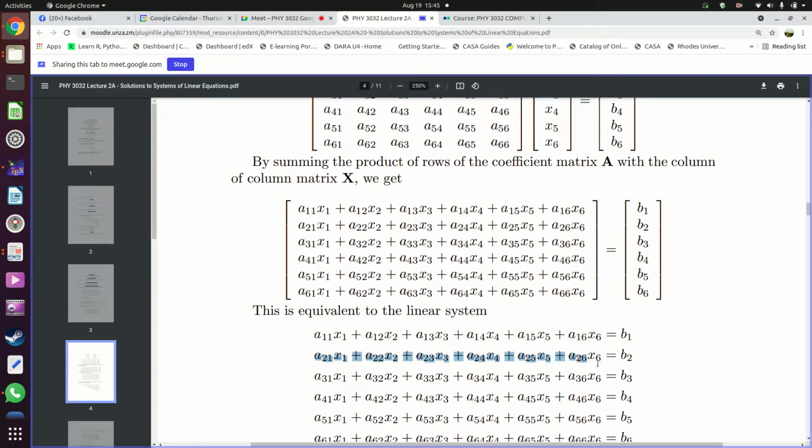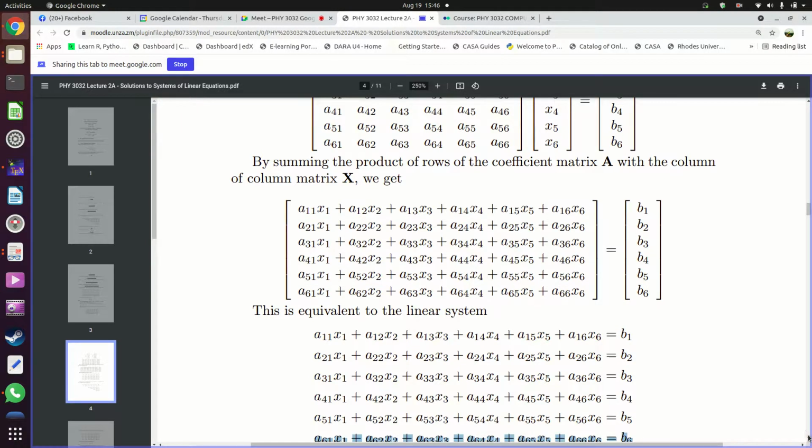Then the third row, you equate it to this and get this. The fourth row, you equate it to this one and get this. The fifth row, you equate it to this and get this one. Then the sixth row, you equate it to this row, and you get that bit.